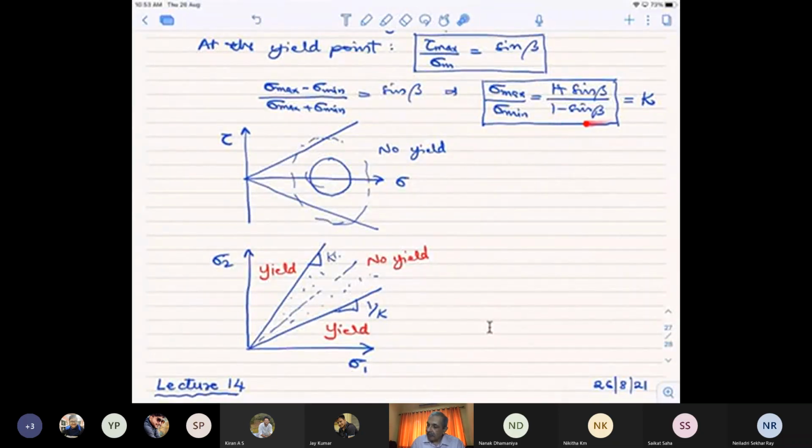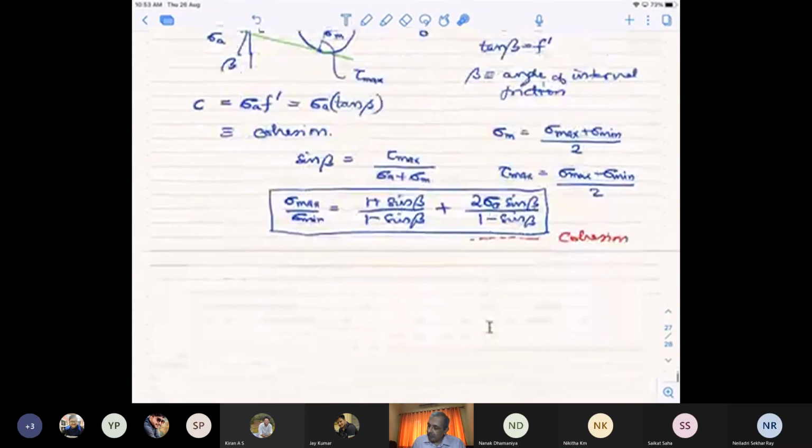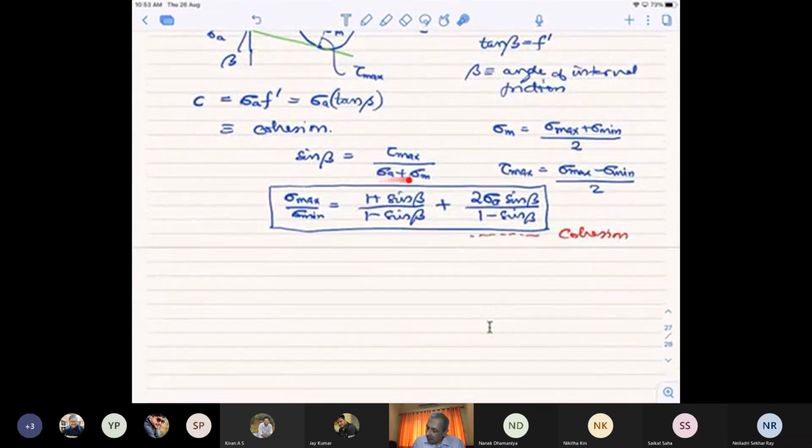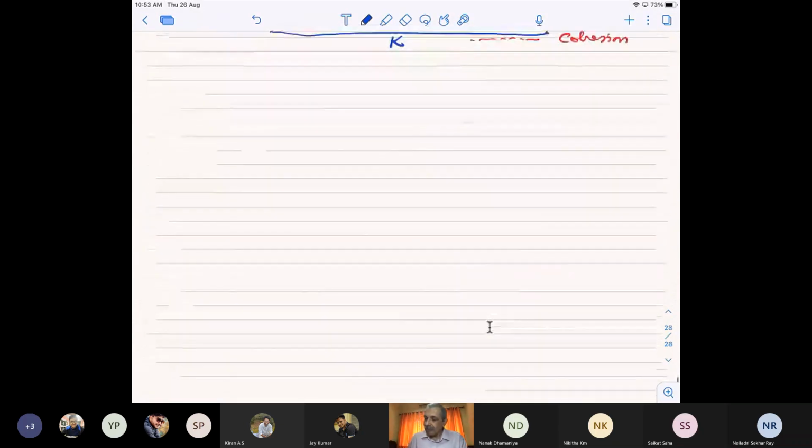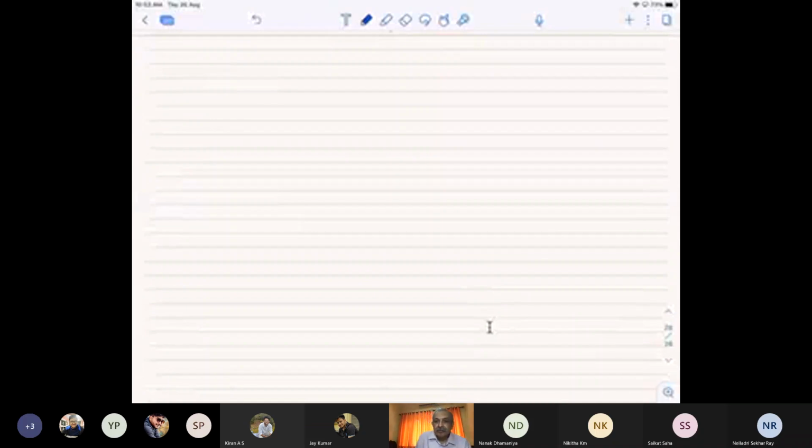You can see this is what we had derived earlier. And now you will get this plus this. And in the previous lecture we had seen that we call this ratio as capital K. Okay, so that's one thing new.